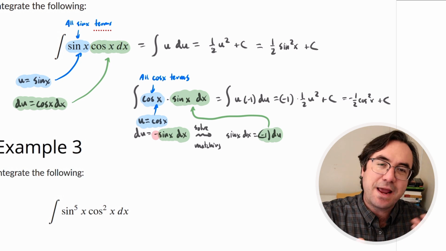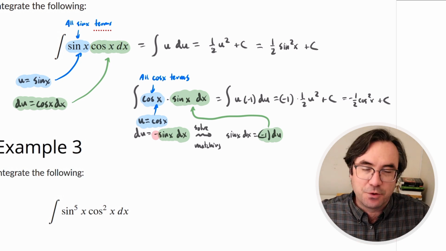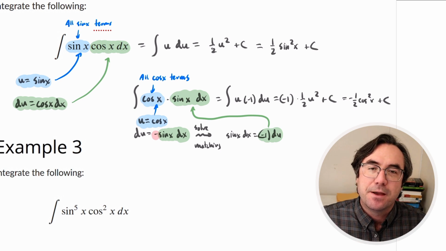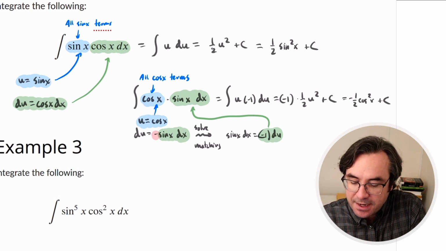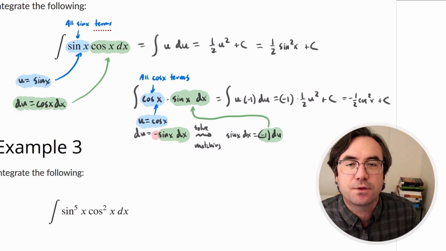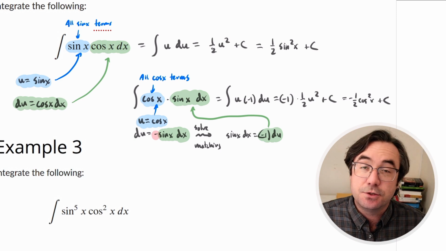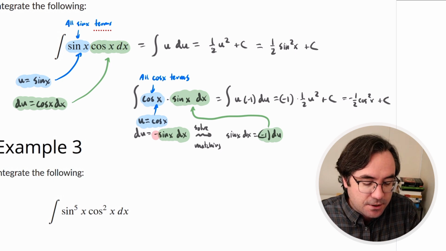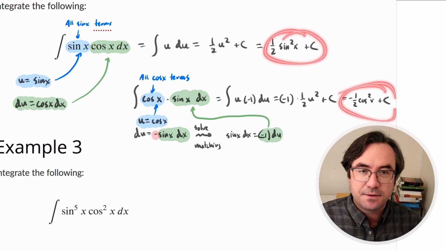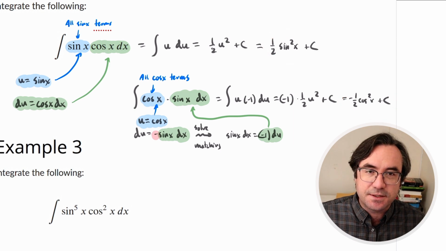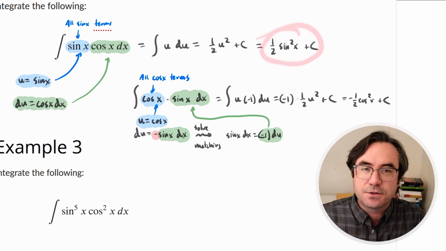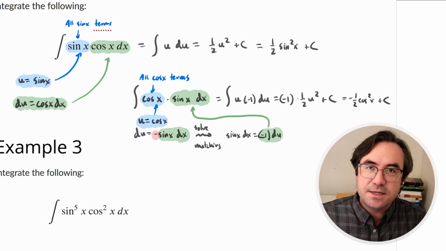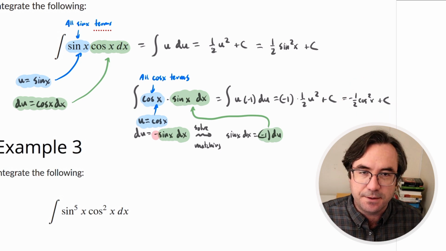So you don't have to do it both ways. You only have to do it one way. So pick the way, for something like this, pick the way that you like. But it's just to show you, depending on how you do these, sometimes there's more than one correct way to do these trig integrals. And depending on how you do it, your answer might look different than someone else's answer. So in this case, the antiderivative we got here is 1/2 sine squared plus c. Our antiderivative down here is -1/2 cosine squared plus c.